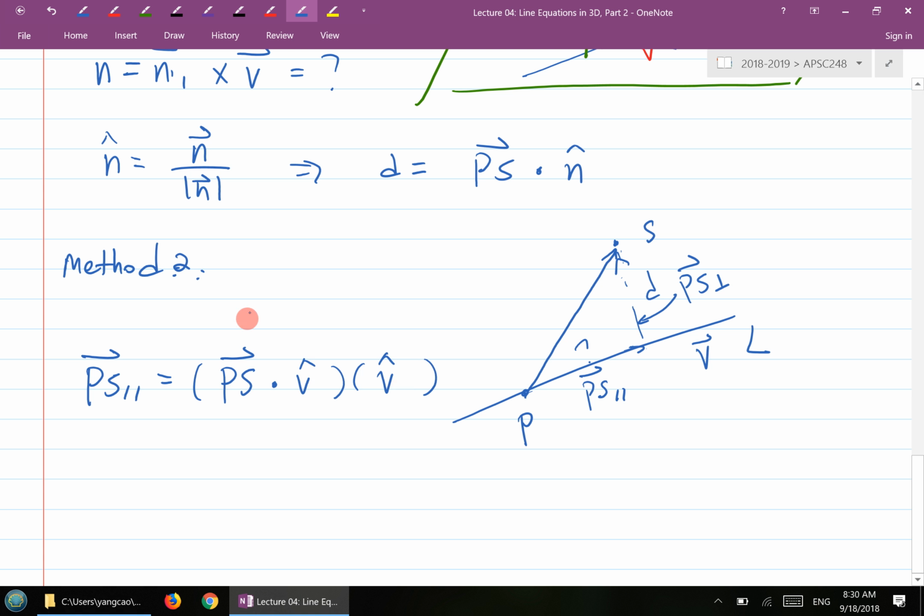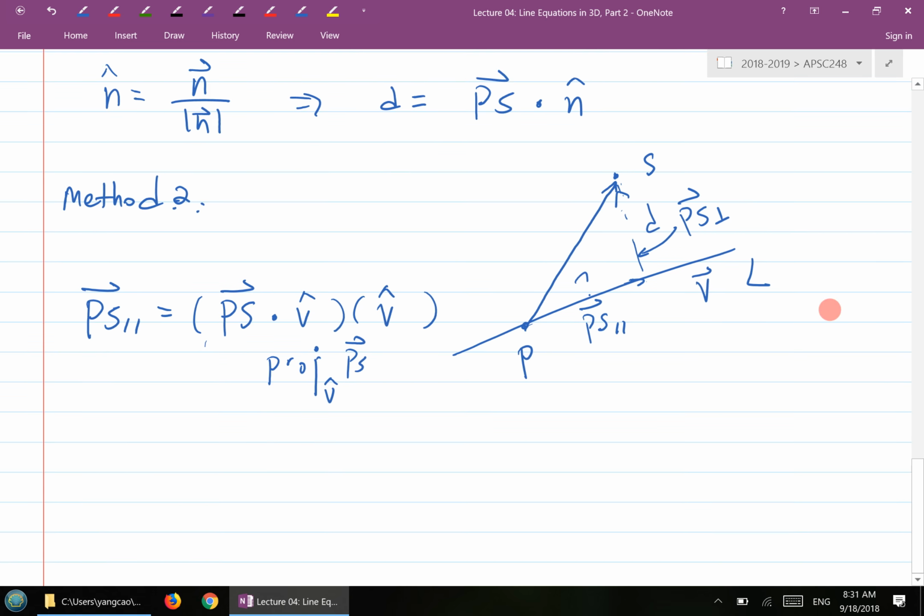In the class we use a symbol for this: the projection of PS in the V hat direction. That's the projected vector, which is PS parallel. The calculation should be straightforward because you have all the given information, and V hat is V over the magnitude of V, and PS we have calculated.